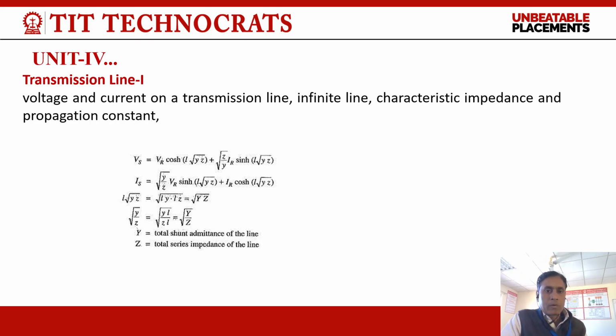Here y is the total shunt admittance of the line and z is the total series impedance of the line.